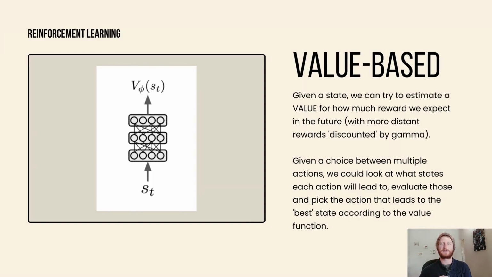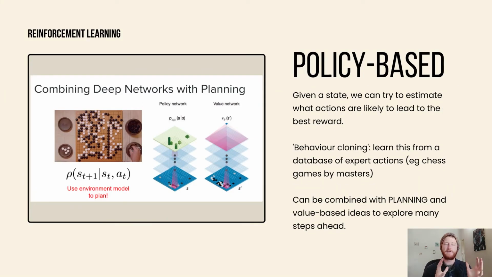Another variant is to, instead of trying to learn the value function, just look at a state and try and learn what the best action would be directly. And this is often done in sort of combination with behavioral cloning, where you start with, say, a database of games that have been played by a human, or some sort of group of experts, right, have sort of ranked this is the best action or this is the action that the expert took.